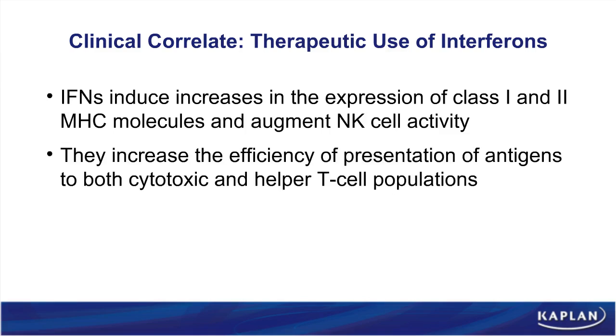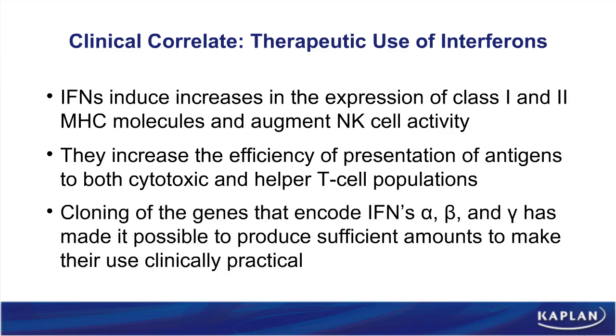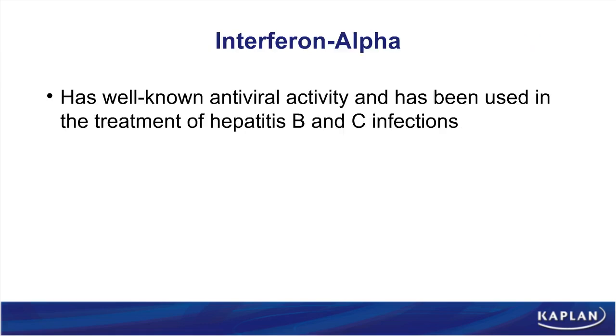They can therefore increase the efficiency of antigen presentation to both cytotoxic and T helper cells. So that's part of their normal function. We have been able to utilize molecular biology and gene cloning so that we can produce these interferons and actually use them to treat various disease states.